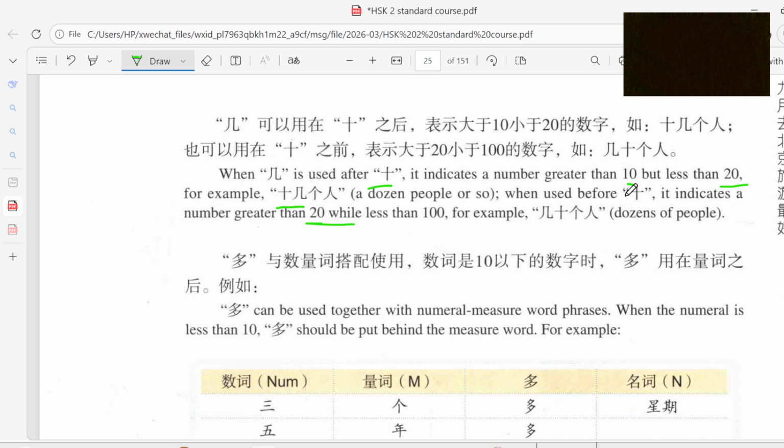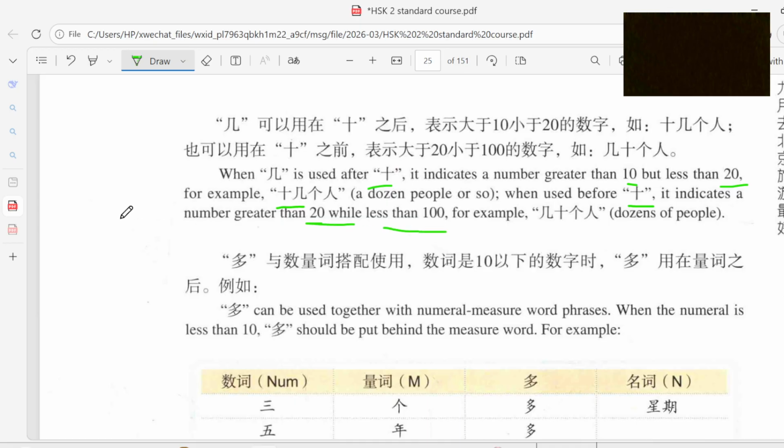We know that 十 is a number, but it also indicates a group of tens: 20, 30, up to 90, but less than 100.